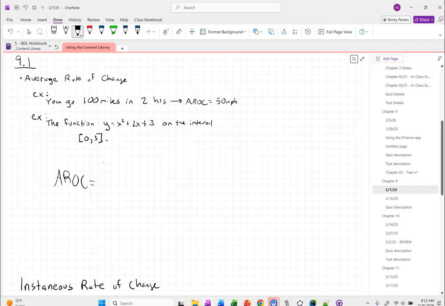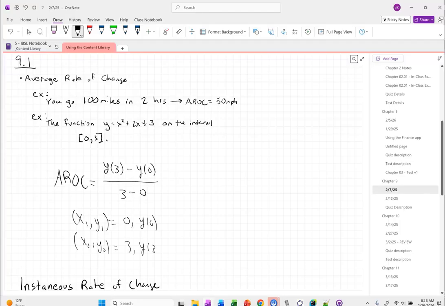So what I'm going to do is y with 3 plugged in minus y with 0 plugged in, over 3 minus 0, right? Where my x1, y1 is just 0 comma y of 0, and my x2, y2 is going to be 3 comma y of 3.